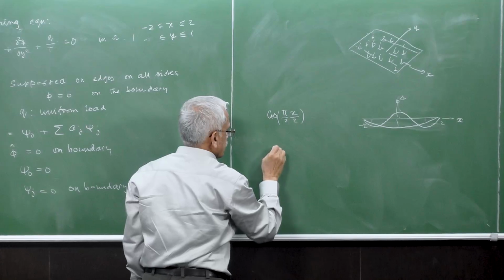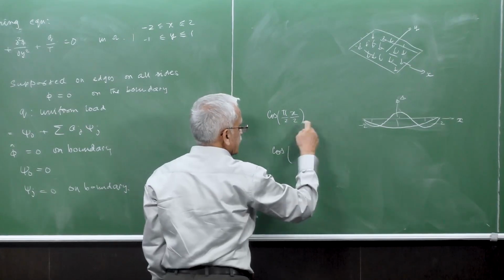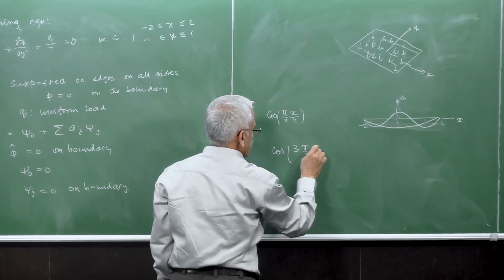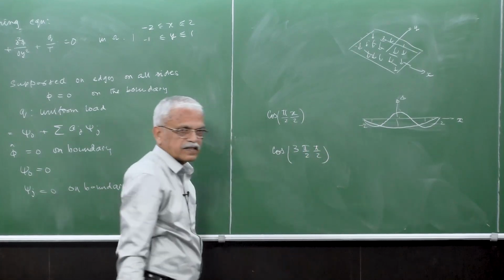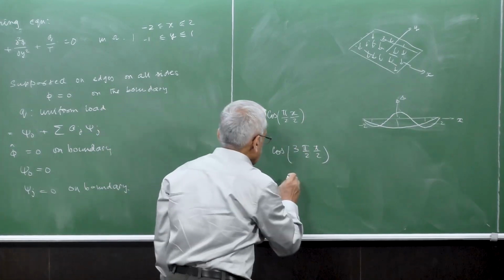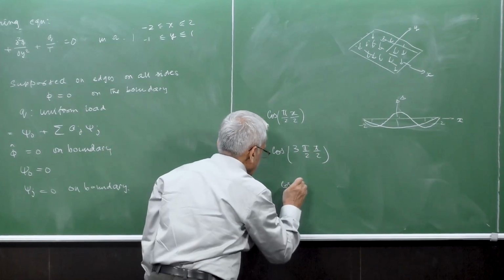And then the second one refers to 3 pi by 2, x by 2, right? Like this. So we know that the second one is like this, and the third one.